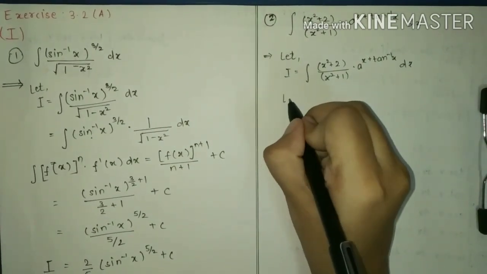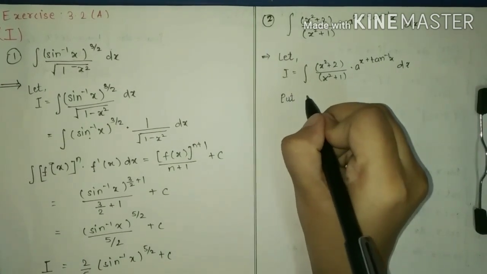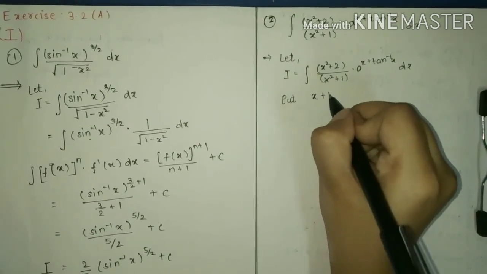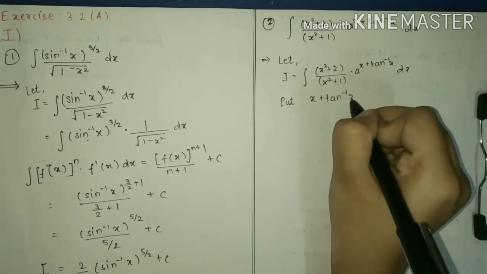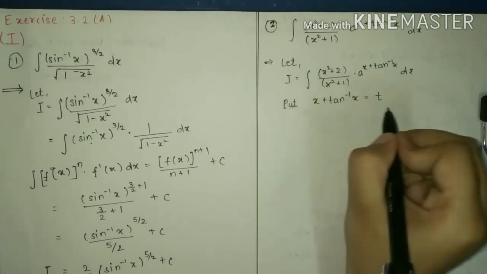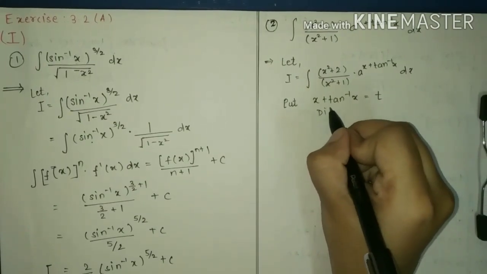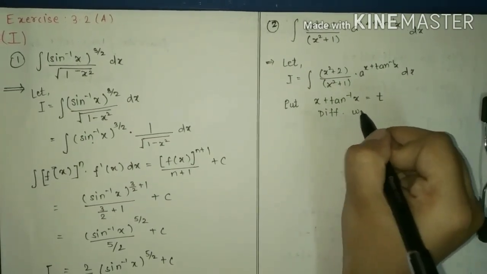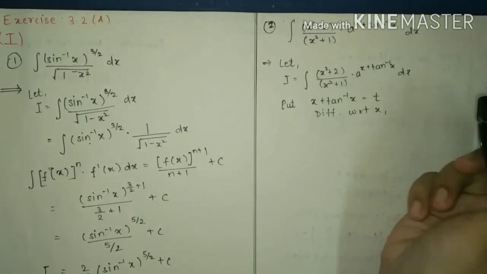So let's put x plus tan inverse x, which is the power, as t. Now let's differentiate with respect to x.